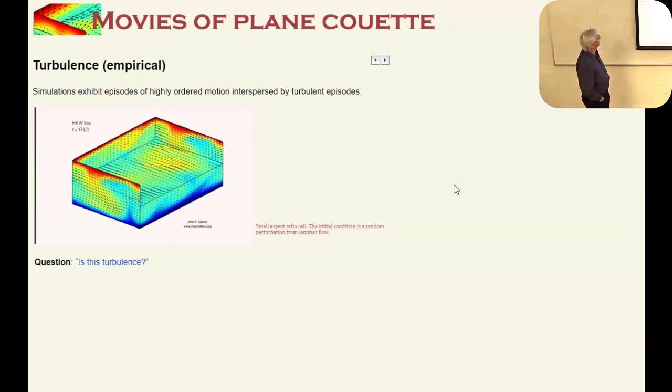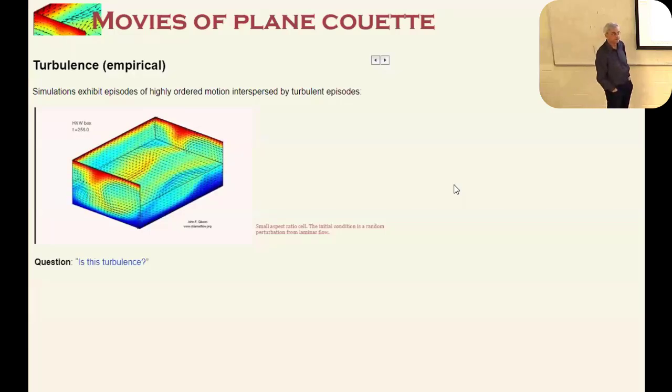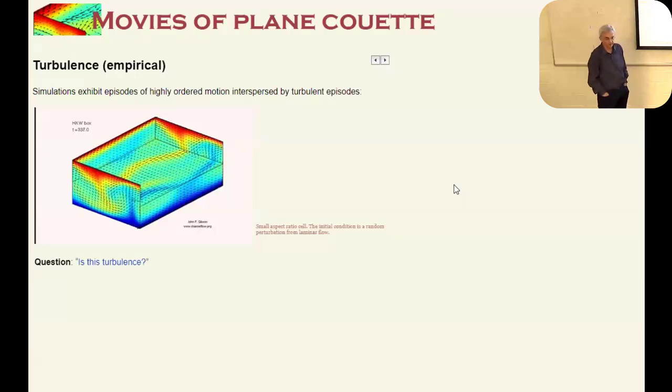And the main thing you learn by staring at these examples is that after a while, if I tell you, you're a graduate student, you simulated this stuff, and I ask you, what Reynolds number did you do the simulation at? You look at this picture and say, well, it was about 420.